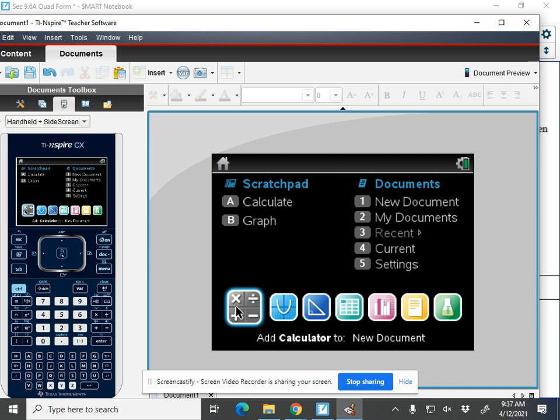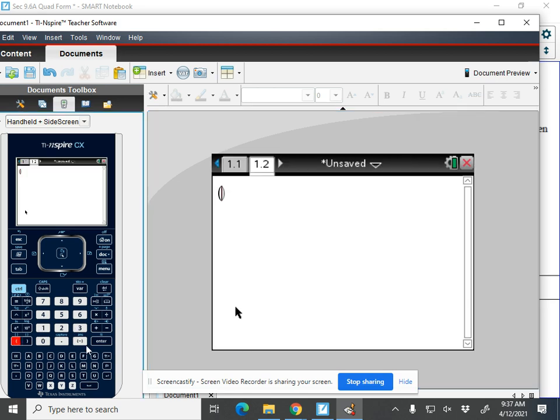So I'll add a calculator page. I'll go parenthesis, negative 5, move outside of there, make sure I square it. Minus 4 times, was it negative 2? Times 1. Enter, it gets me 33.